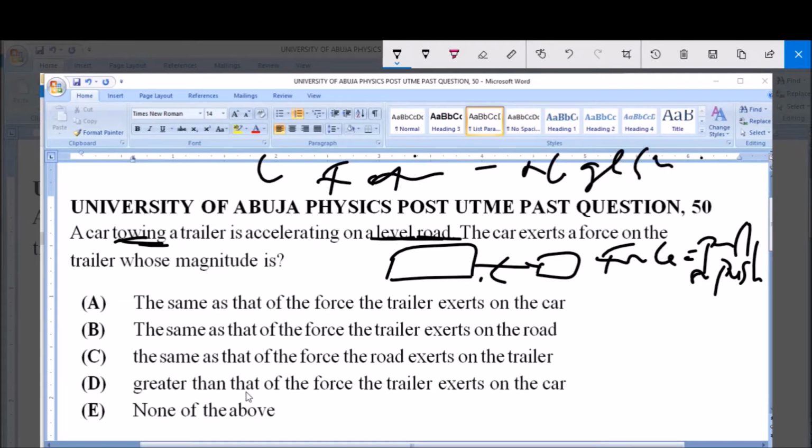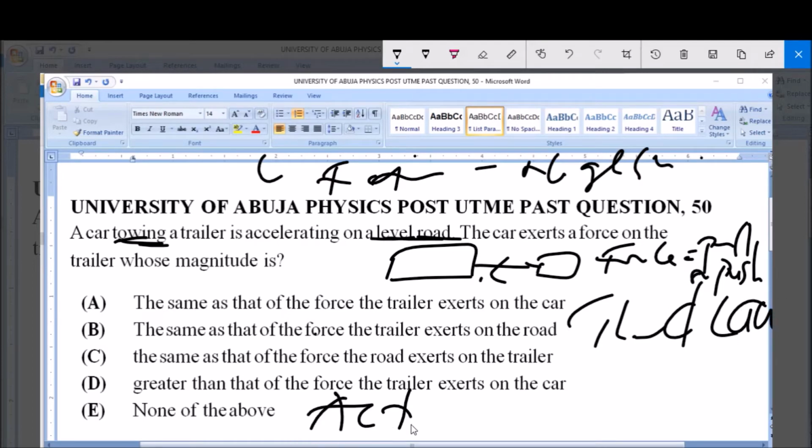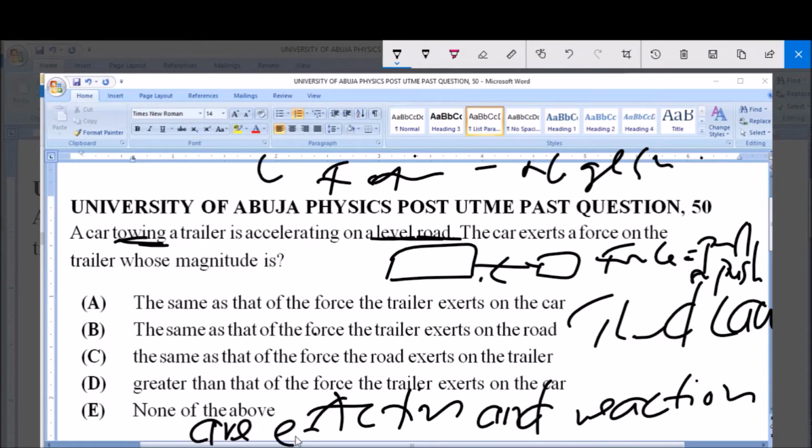Now according to Newton's third law of motion, Newton said action and reaction are equal and opposite. Action and reaction are equal and opposite.